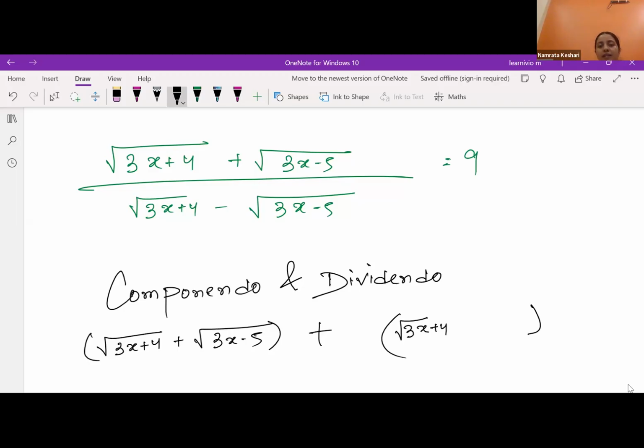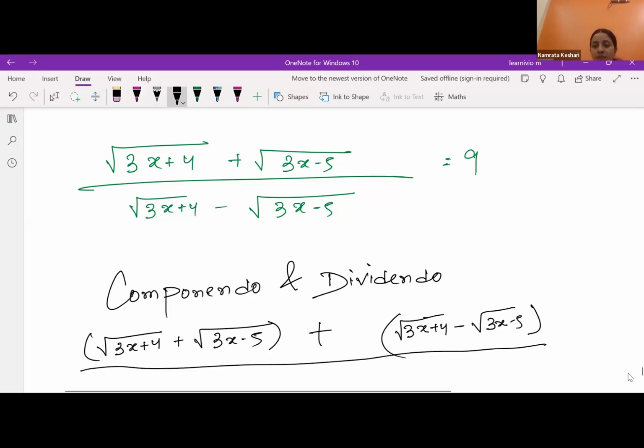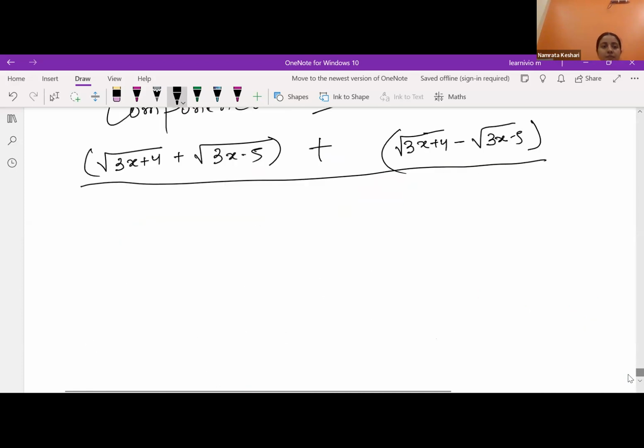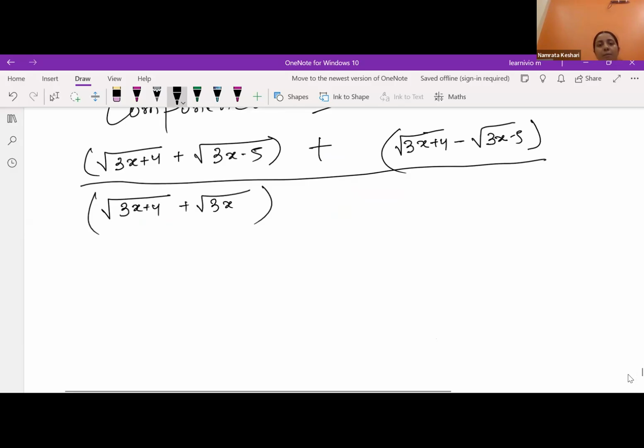Now you must be getting an idea when to use this thing. The same numerator minus the same denominator.